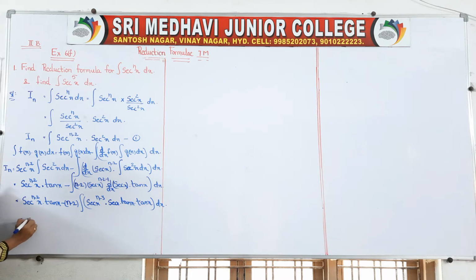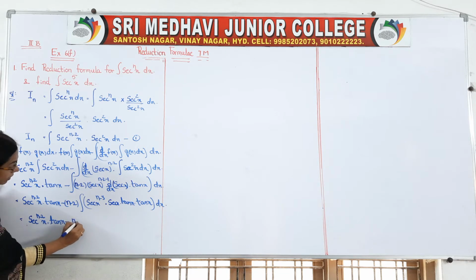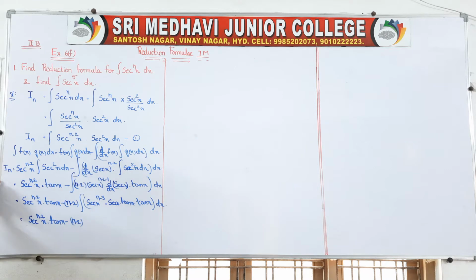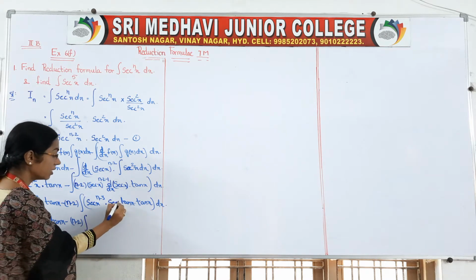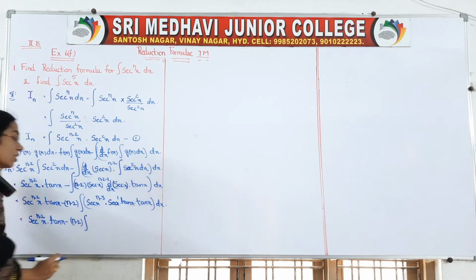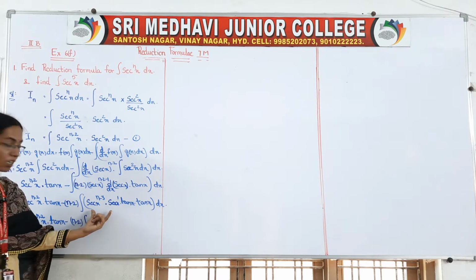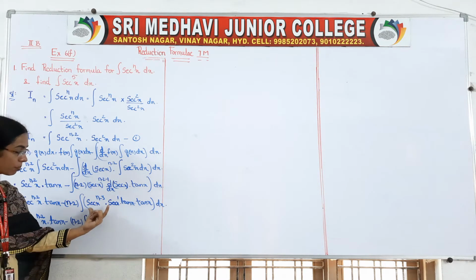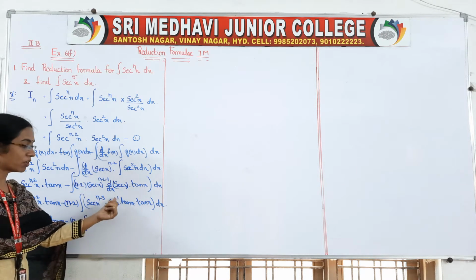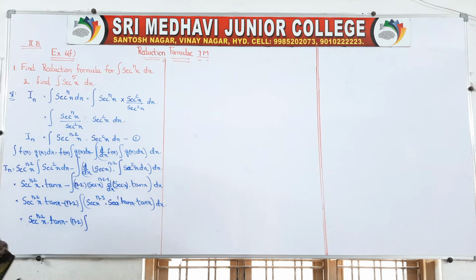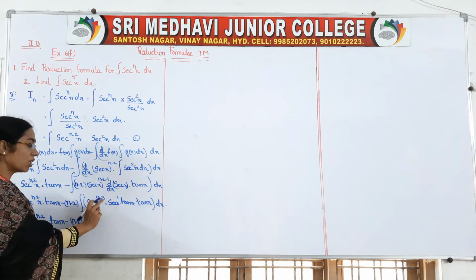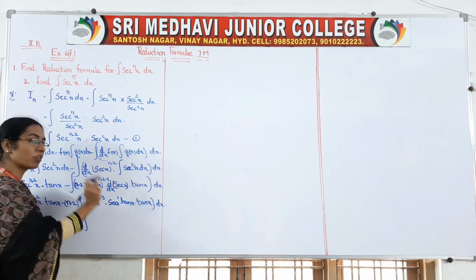Now this is equal to secant to the power of n minus 2 x into tan x minus n minus 2. Here this is secant x, right? In a product, if bases are same, power should be added. So secant x to the power of n minus 3, secant x to the power of 1.